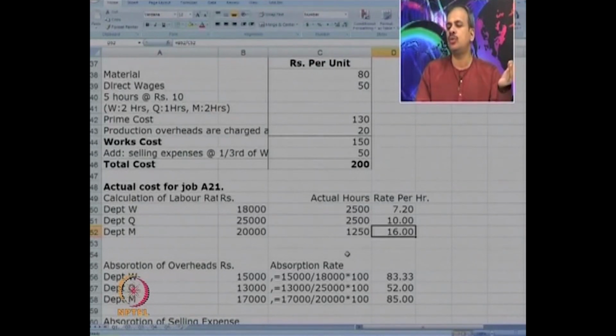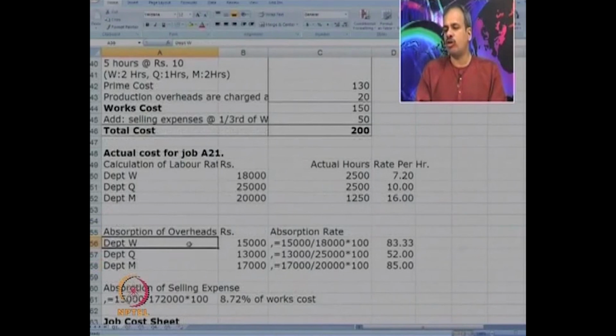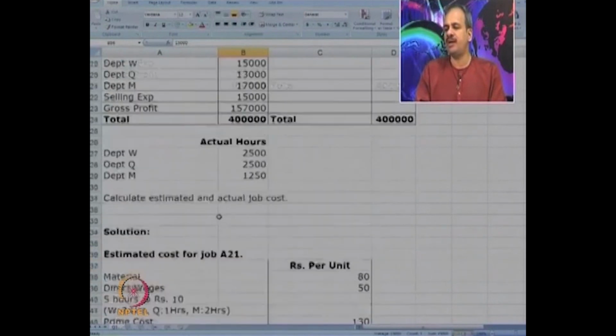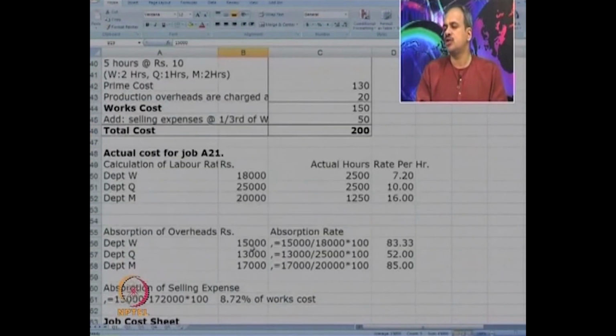Now let us go to the actual rate for absorption of overheads. In department W, the overheads which are actually given have been picked up. If you remember, in the P&L account, overheads were given as 15, 13 and 17. This is the actual overhead cost. So these are picked up. The absorption of overheads of the company is based on direct wages.